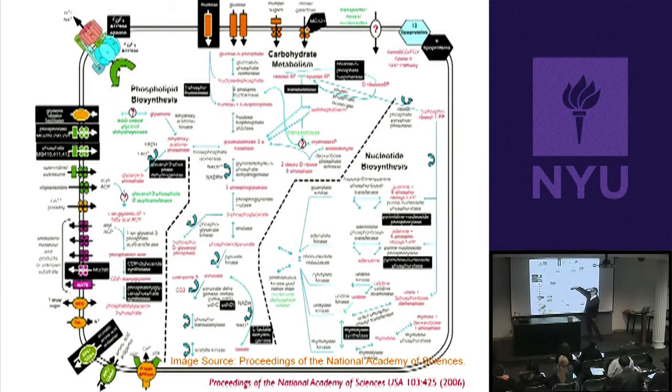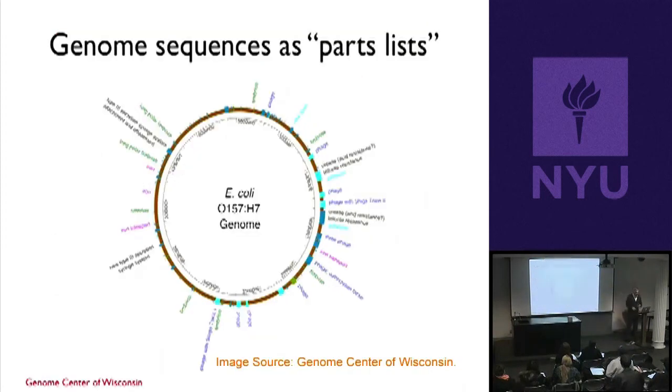So, a lot of that information comes from just looking at a DNA sequence and saying, aha, this enzyme is encoded, so I know this pathway is there, right? And that allows us to generate these parts lists, right? And part of what we can do there then is say, well, if certain parts are there, then the organism is probably doing a very specific thing, right?